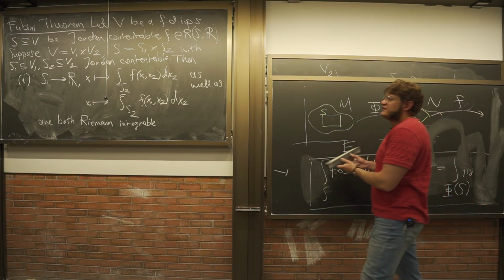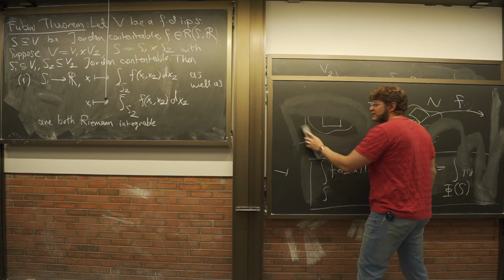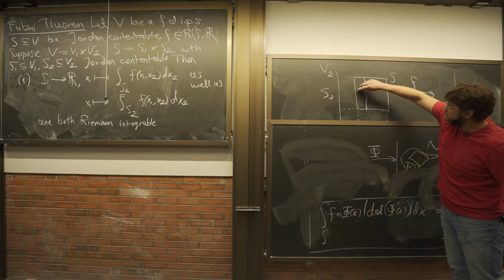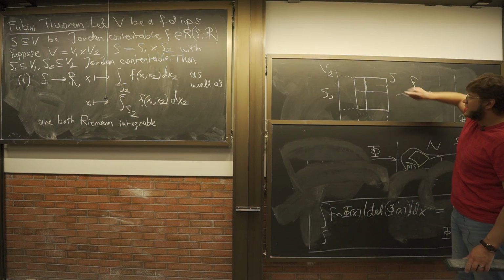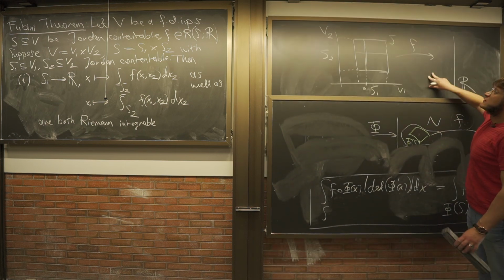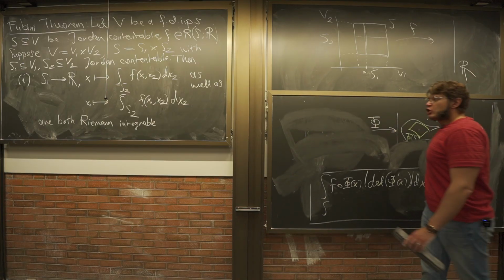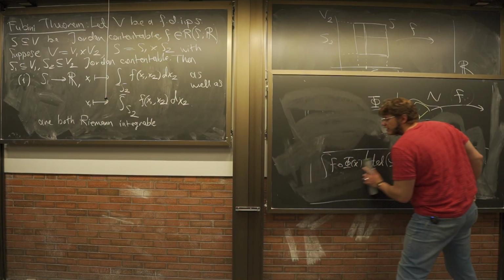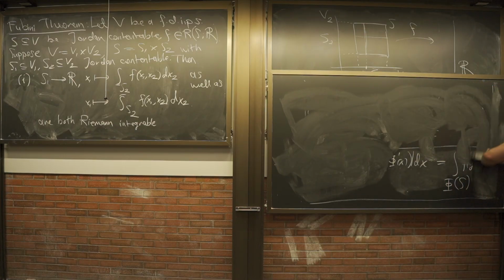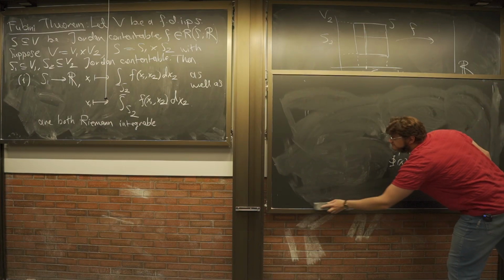Similarly, of course, instead of fixing an x1, I could have fixed an x2 and looked at an integral over a horizontal slice like this. The lower and upper integrals of such functions obtained are also integrable.